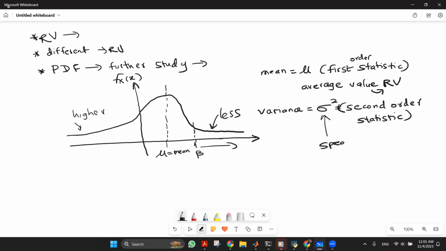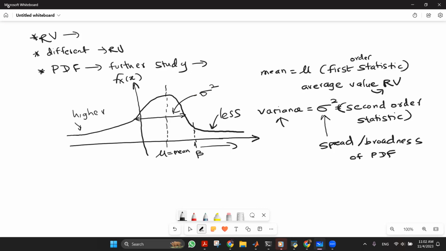You can visualize the width using the figure, but mathematically you can find the variance value using the equation. So the spread of the PDF is represented by sigma squared.